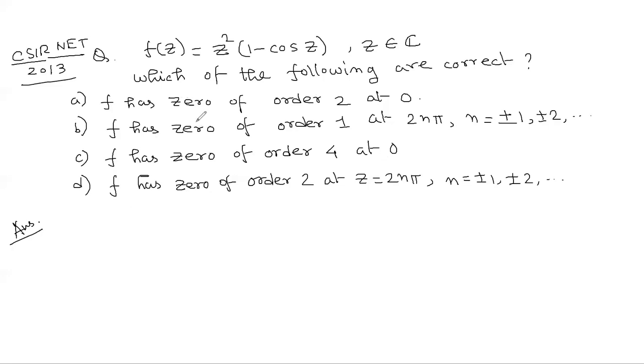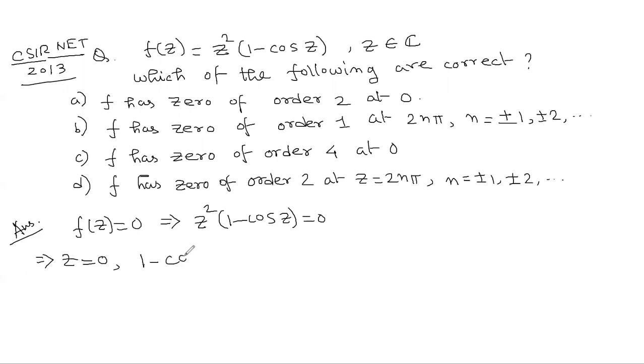Here we have to first find the zeros of the function f(z). So for zeros of f(z), we equate f(z) to 0. From here we get z squared times (1 minus cos z) equal to 0. So it implies z equal to 0 and 1 minus cos z equal to 0.